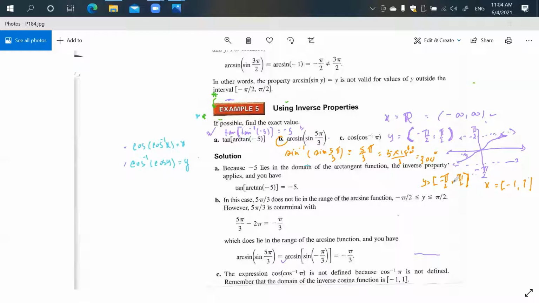Okay, so now you see arc sine has to be in quadrants 1 and 4, correct? If we plot the graph here, it should be quadrants 1 and 4 for the arc sine or inverse sine function. So when you have 300, it's out of our bound, right? This one is pi over 2 and this one is negative pi over 2.